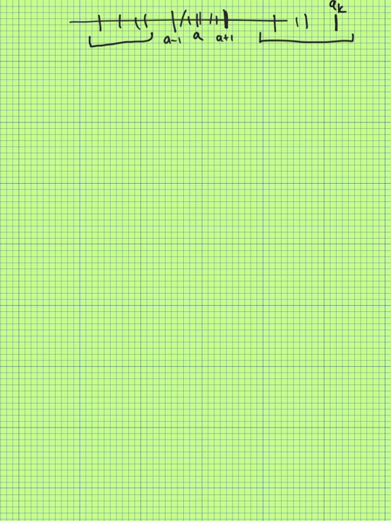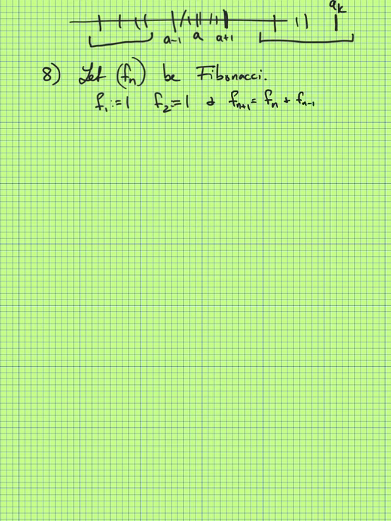And then finally we have 8, which is: let F_n be the Fibonacci sequence. Okay, so we have F1 is 1, F2 is 1, and I hope this came out better on your PDF than my PDF. My Canvas is a little weird. F_{n+1} is F_n plus F_{n-1} for n greater than or equal to 2.